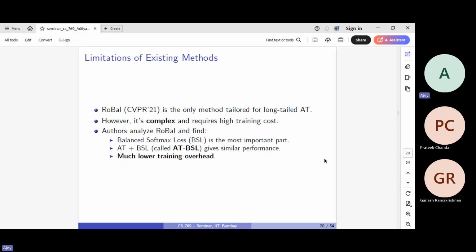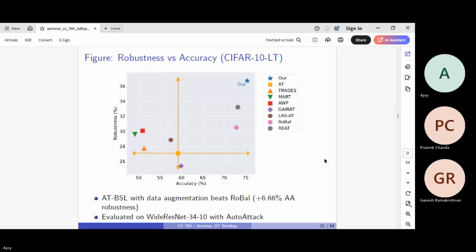What we found is that the balanced softmax loss is the most important part of it, which gives us the best results. Even if we take adversarial training with this balanced softmax loss, we will certainly get good performance as well as efficiency, and it will be less time consuming as well.